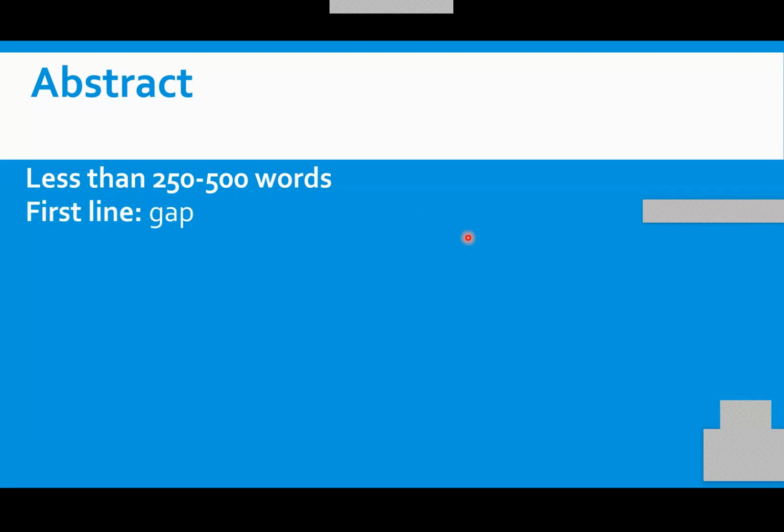When you write the abstract, one of the journals gives you about 200 to 500 words. The first part of the abstract is the gap: what the researcher will do to bridge between the known and the unknown.